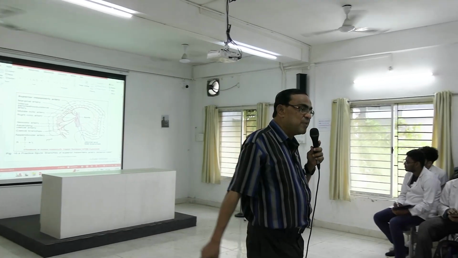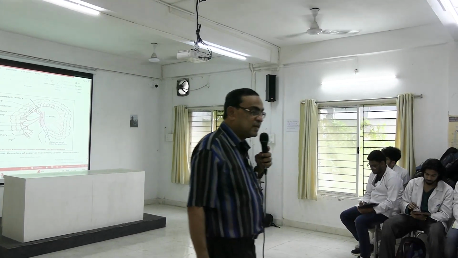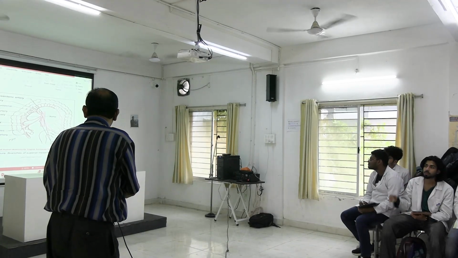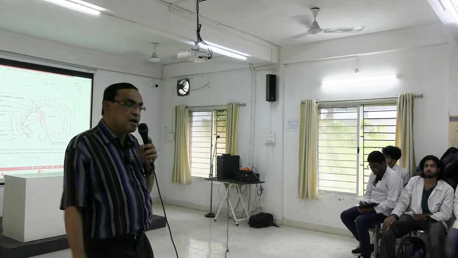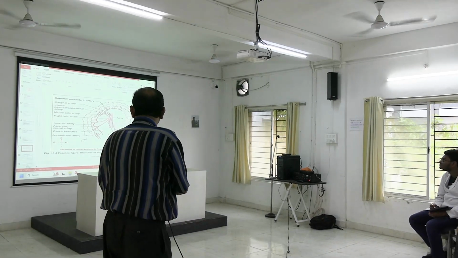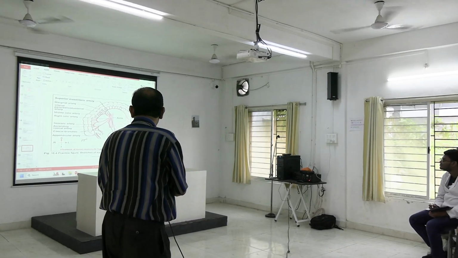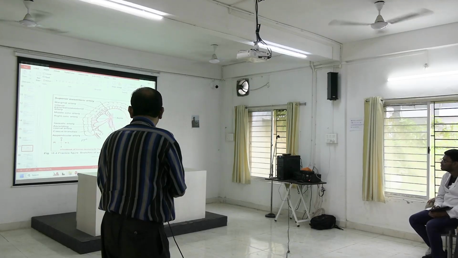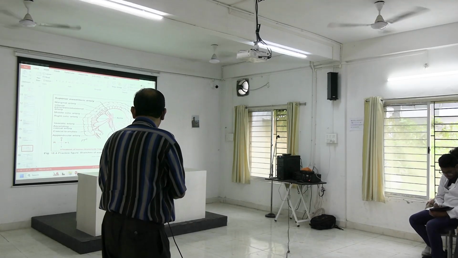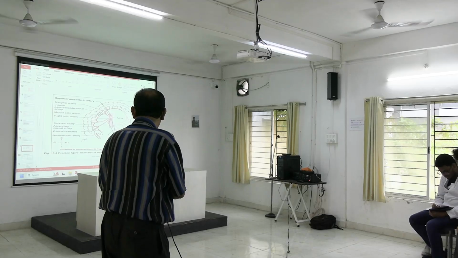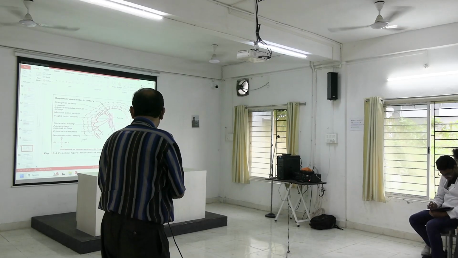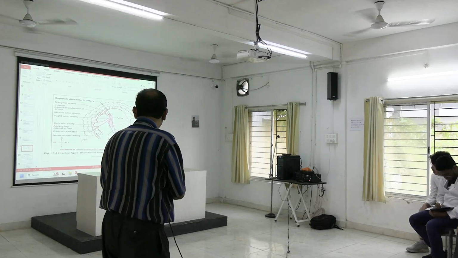So from the convex side, we are getting the branches which will supply the jejunum and the ileum. Okay. And from the concave side, we are getting the right colic and ileocolic. From the anterior surface, we are getting the middle colic, which divides into right and left branch.